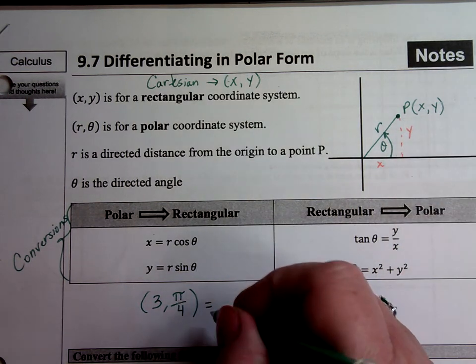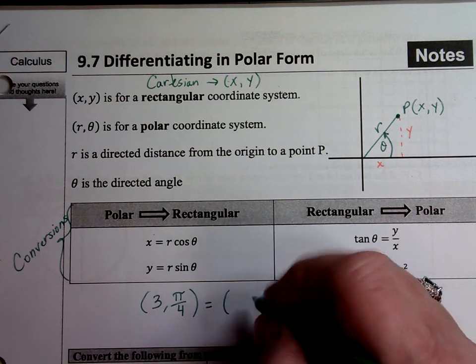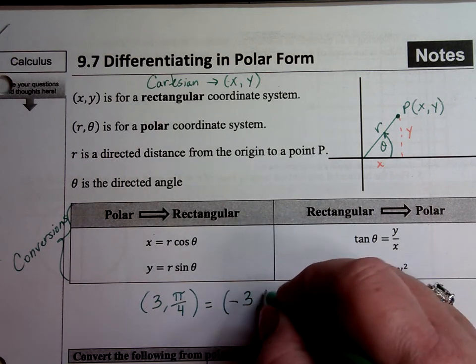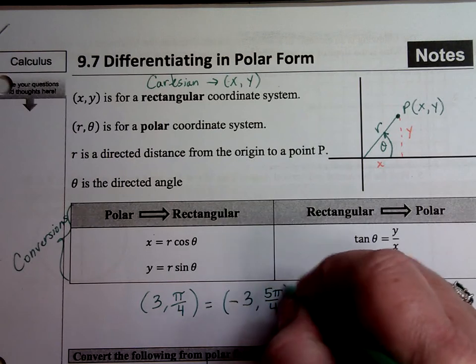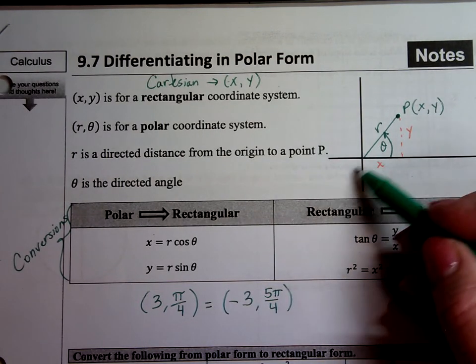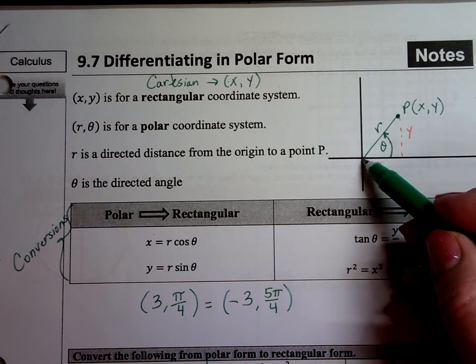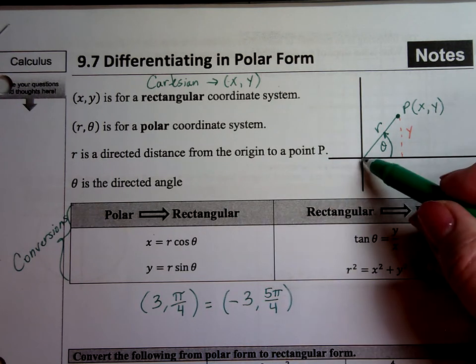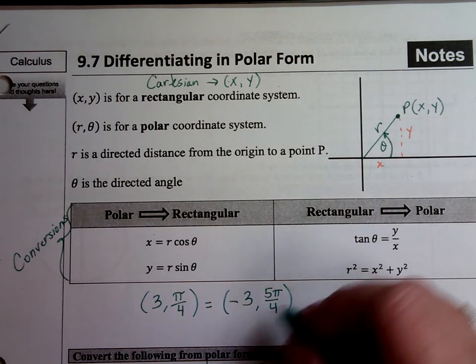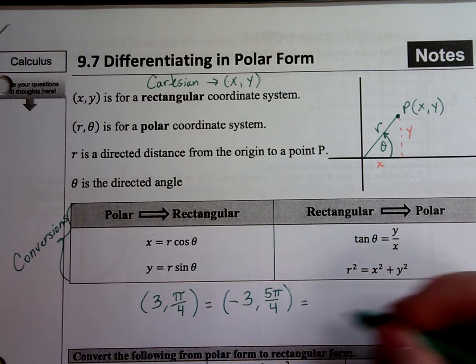It could also be represented, and this is what the video helps with, as -3, 5 pi over 4. That would be down here. That would be over in the third quadrant with a direction of 5 pi over 4, but it would be in a -3 value. Instead of it going this way, it actually would come back this way, so it would be equivalent to this. It's going in the opposite direction, that -3.